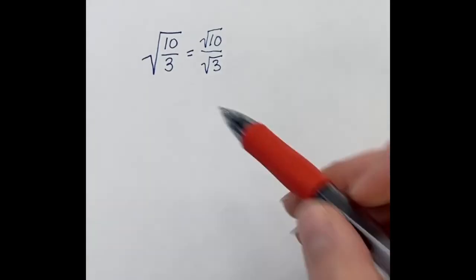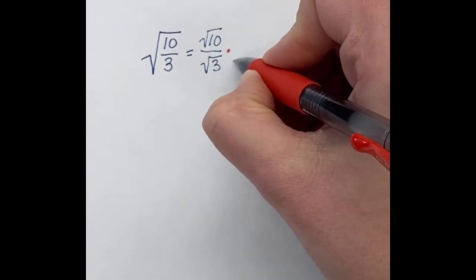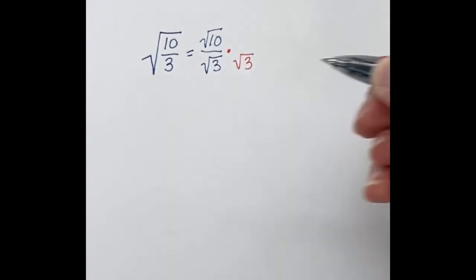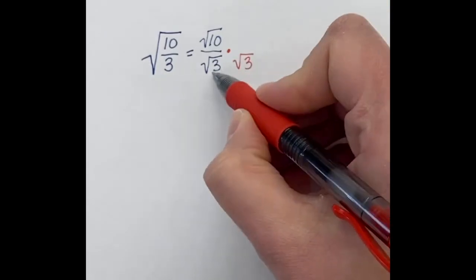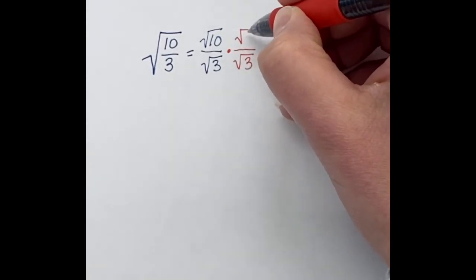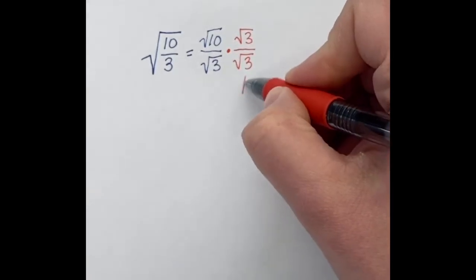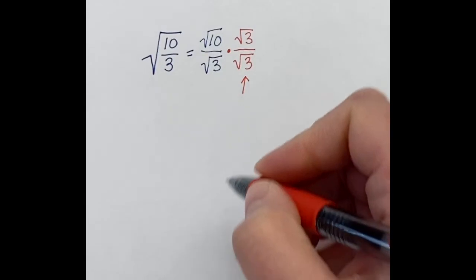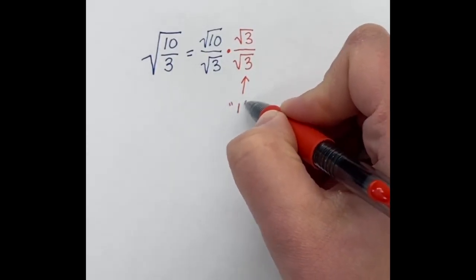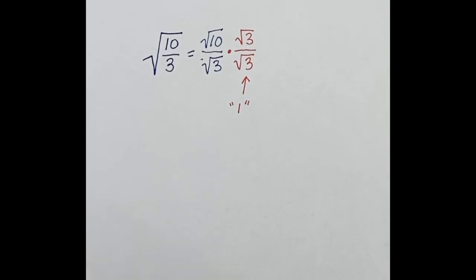So effectively, if we multiply radical 3 by itself, we can eliminate it. Now, if you're going to multiply the denominator by radical 3, you also have to multiply the numerator by radical 3. I mean, check this out. Radical 3 divided by radical 3, that's the same thing as saying 1. So it's okay to multiply a problem by 1 because it's not changing the integrity of the problem.